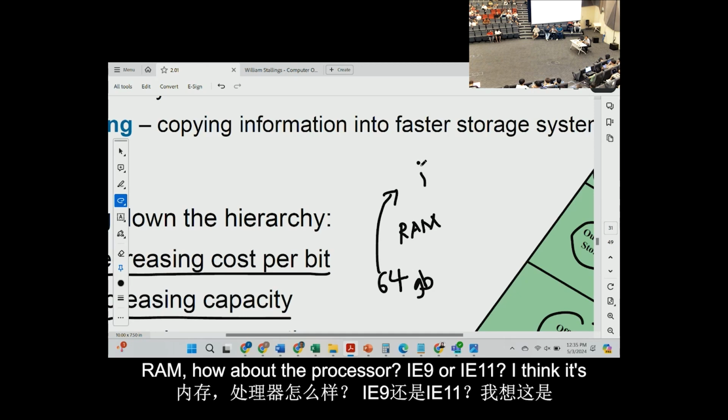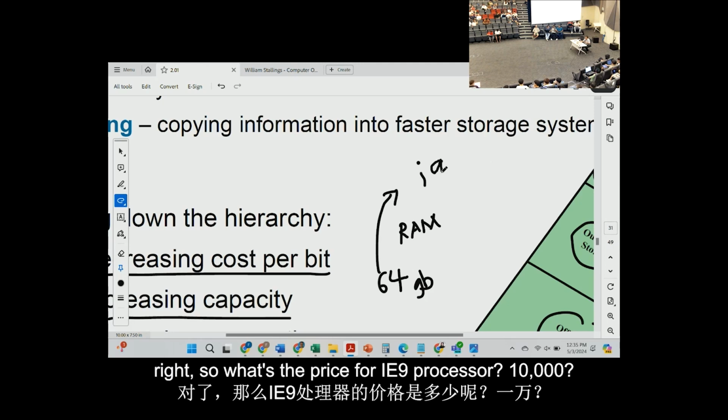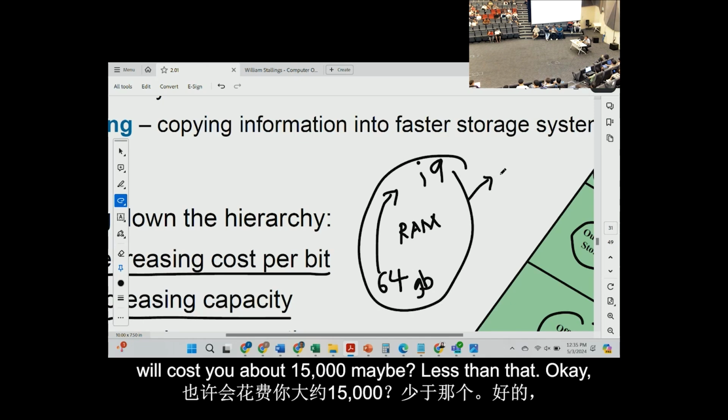Okay, what's the price for an i9 processor? 10,000. So in total, this computer may cost about 15,000, maybe less than that.